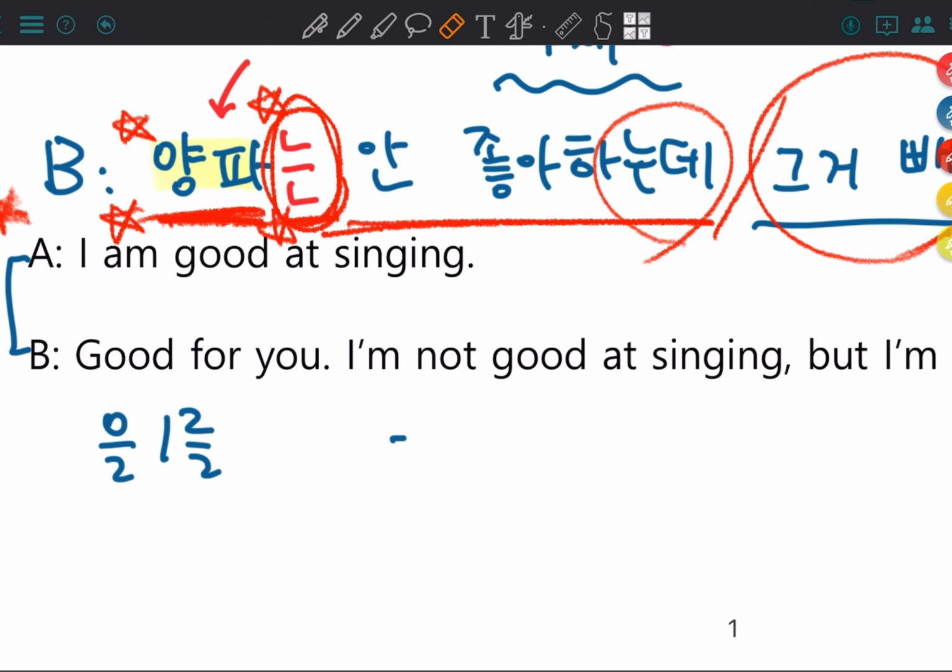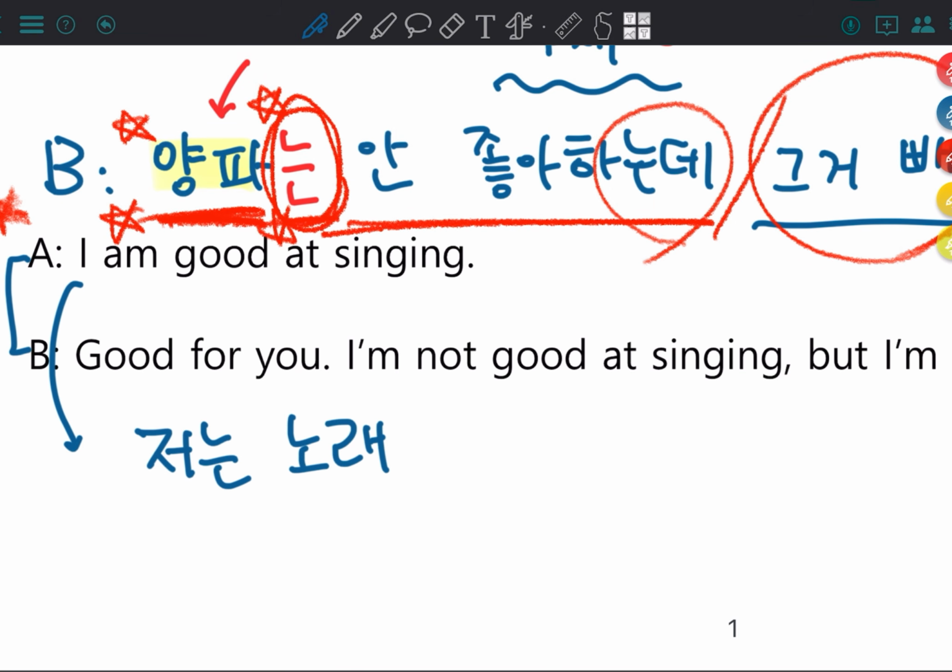So using this verb, we're gonna translate I'm good at singing. You can say 저는 for me, 노래 means singing, or it could also mean a song. 저는 노래를 잘해요. I'm good at singing.